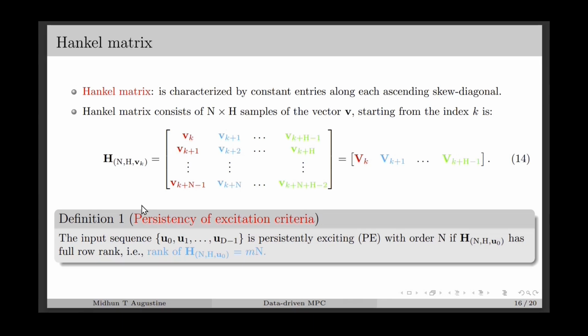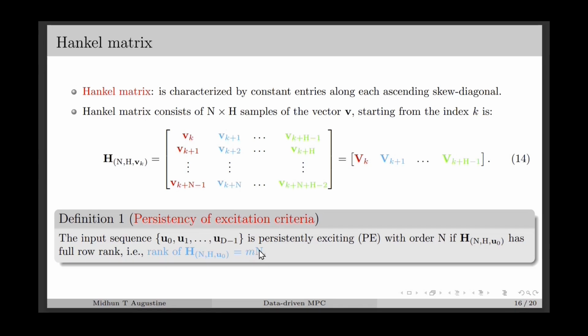This criterion is known as the persistency of excitation criterion, which says that an input sequence of finite length D is said to be persistently exciting of order n if the Hankel matrix, which contains n row entries, has full row rank, which basically means the rank of this Hankel matrix should be equal to small letter m times n.